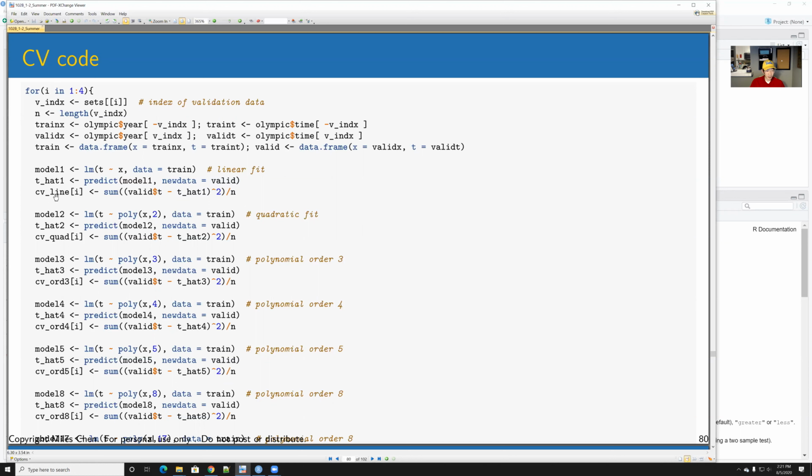But here, just to keep my life easier, or easier to mentally track, I've created different vectors to store the mean squared errors here, as CV order 3, order 4. I could have created an inner loop or a function to do this and store the results in some kind of matrix. That's also possible, but I hope this is okay.